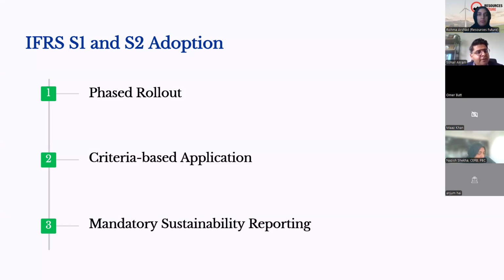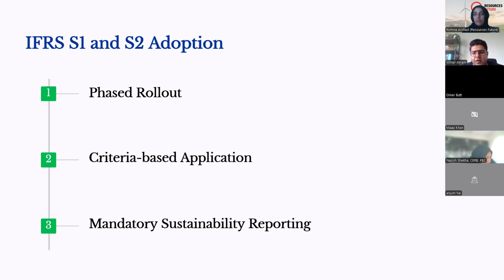It has come up with a phased rollout, and the idea behind it is that the entities over the years will gradually gain expertise, and the entities at the higher spectrum in terms of size or nature would be the first to adopt the standards, and then gradually other entities will follow. The adoption process is based on criteria.